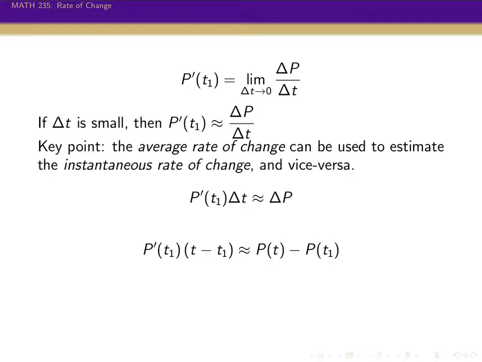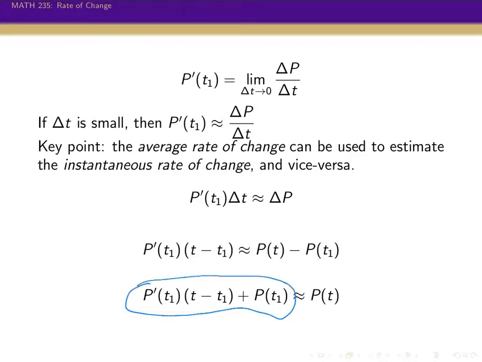So delta t will be the difference between t and t1. And delta p will be the difference between p of t minus p of t1. And then if we move the p of t1 over, what do we get? This function right here is an analog of the tangent line. So this is the equation for a tangent line.